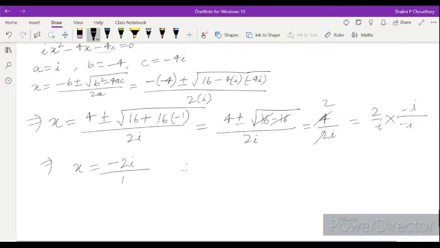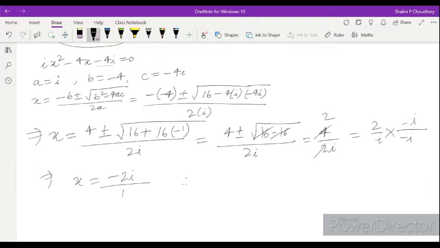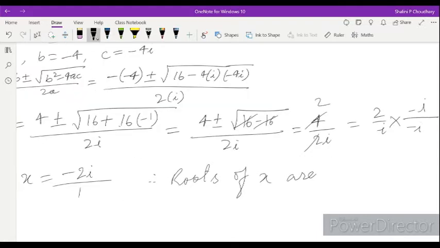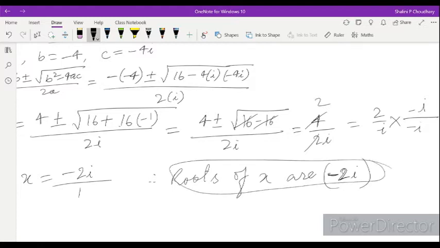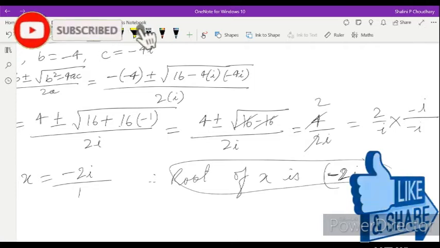So the roots of equation, so the roots of x are क्या होगा? Minus 2i, only one root, okay, that is minus 2i. Okay, so I hope you understood the sums.